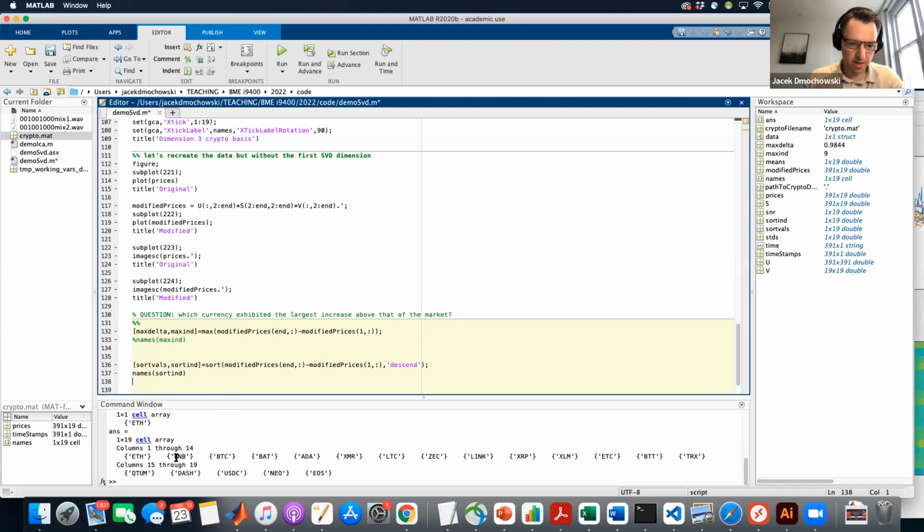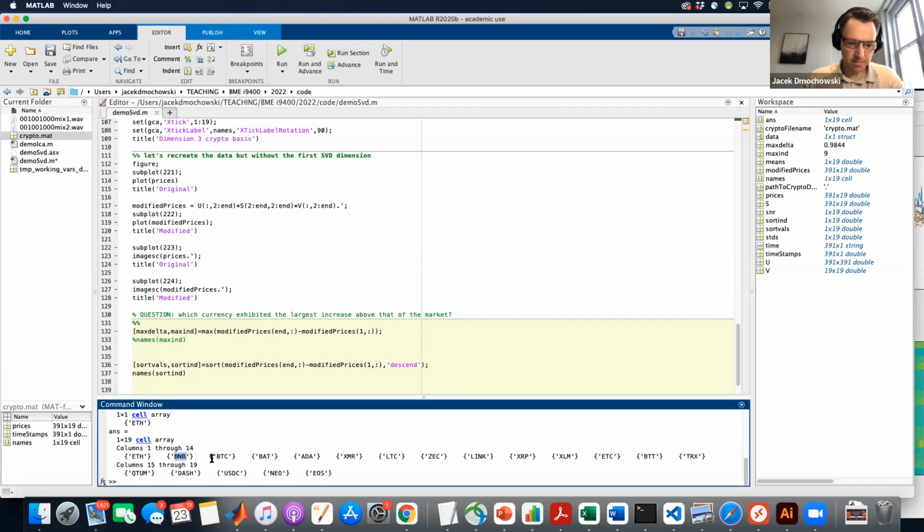So Ethereum, then Binance. By the way, this data is taken from the Binance exchange, so it's weird to have the exchange trading its own coin on their own exchange. But anyhow, then Bitcoin, then the one that you were suggesting, Amilcar, then Cardano, and this.